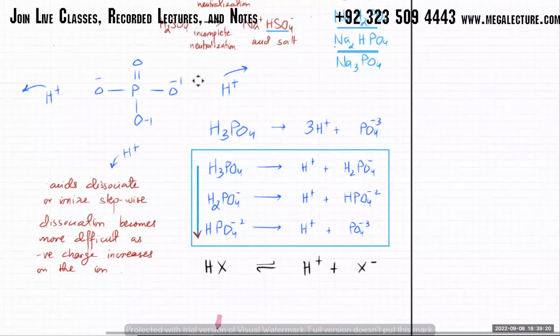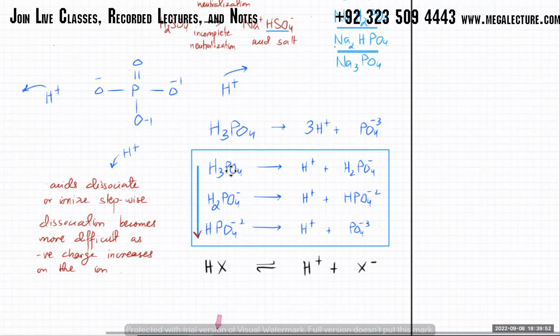Instead, what will happen is first one H+1 will be released, it's going to form H2PO4 -1 ions. Then that H2PO4 -1 is going to behave as a different acid, and it will release the other H+1, and it will form HPO4 -2. Then this HPO4 -2 is going to release another H+1, and you will end up with PO4 -3. ठीक है, तो तीनों इकट्ठे, they won't get released all at the same time. And all three will behave as three separate acids. So phosphoric acid is not actually one acid, it's actually three acids.